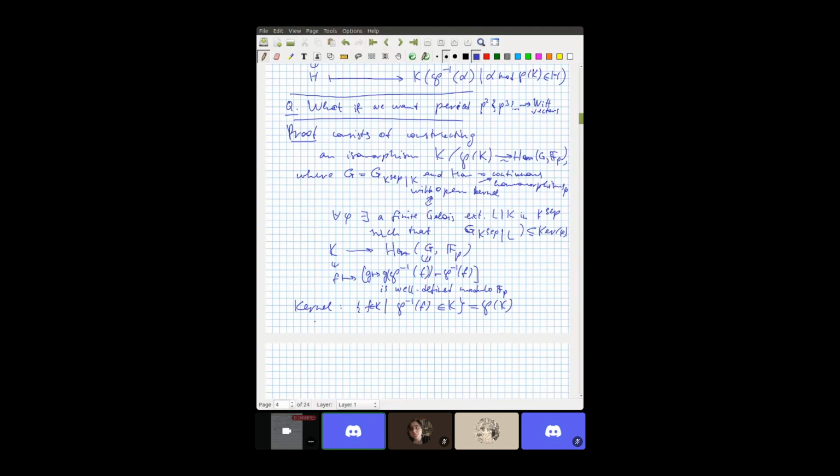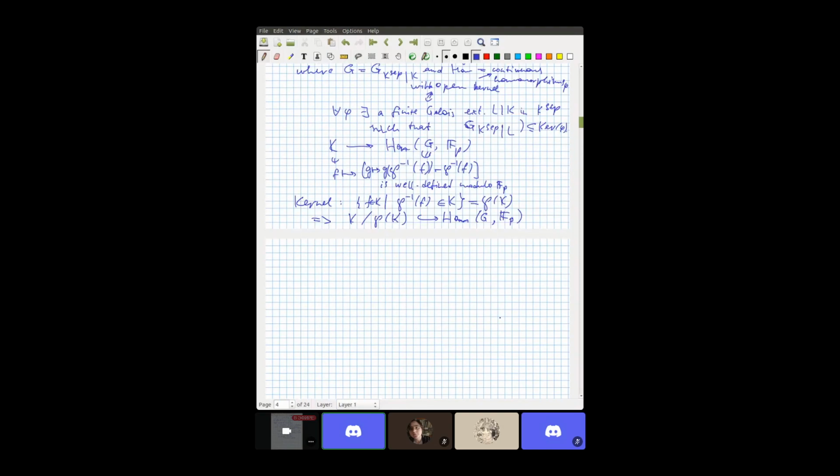And therefore the quotient of K by P of K embeds into the group of homomorphisms from G to our prime subfield.